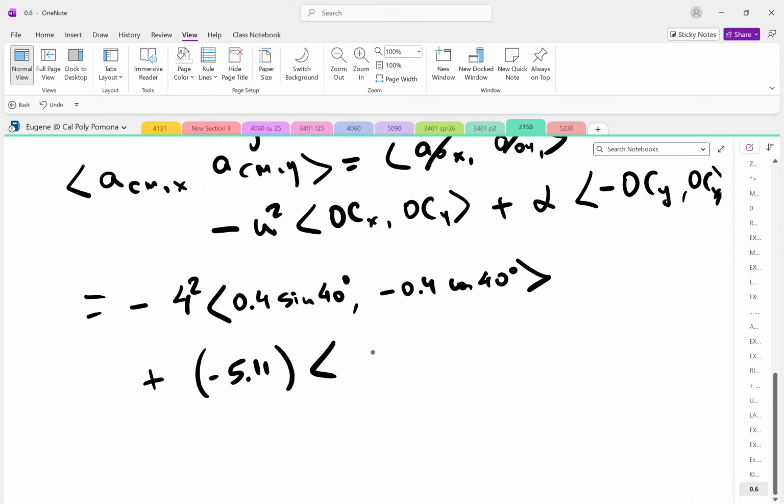Just a second, yeah, this is correct. Now we go minus OCY, which is going to be 0.4 cos 40, and OCX is 0.4 sine 40. And now we're combining these things and we'll get the accelerations.